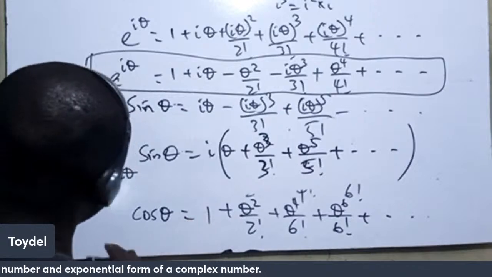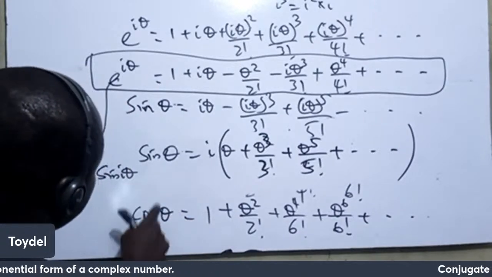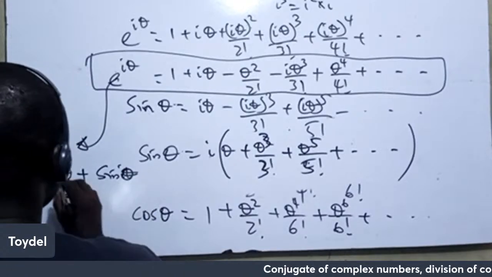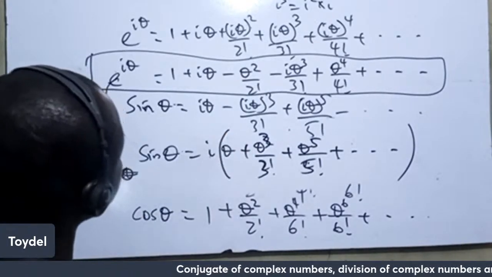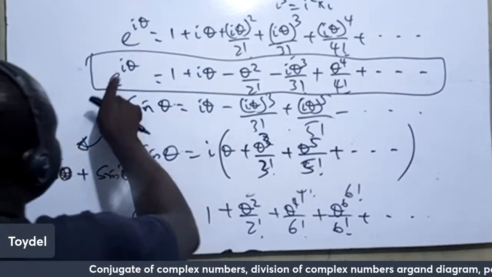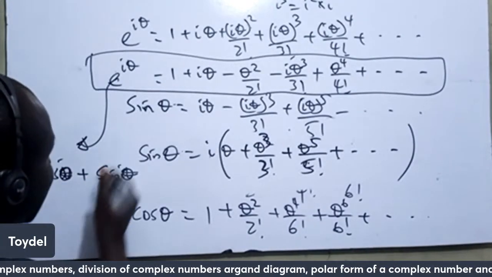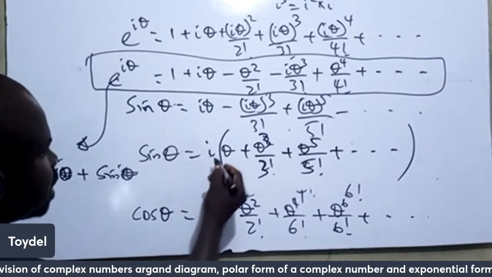If we compare these two now, the addition of sine theta and cos theta is going to give me what I have here. So invariably, exponential i theta is going to give me cos theta plus, because there is i here, plus i sine theta.